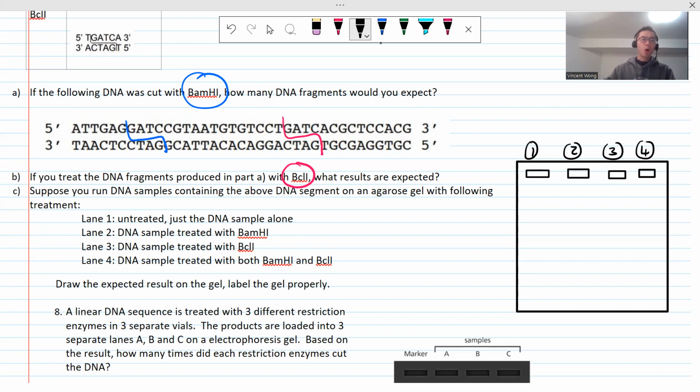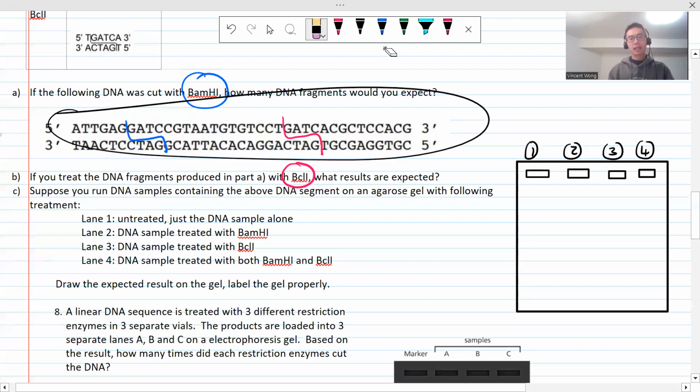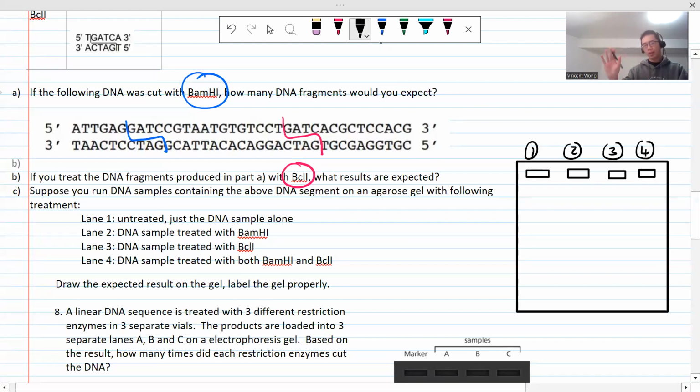So lane number 1, we have untreated DNA, just the entire DNA segment without cutting it. So that's very long, right, on its own, compared to the ones that are being cut. And so I would expect to have just a band up here.